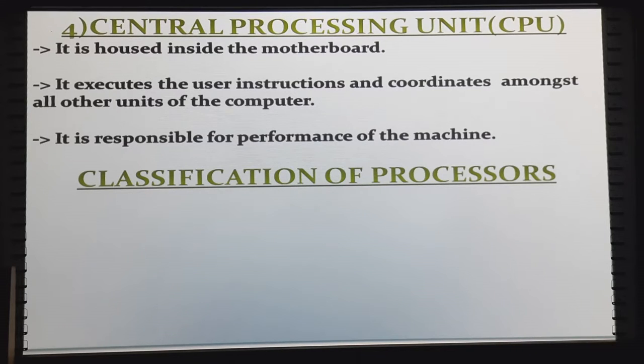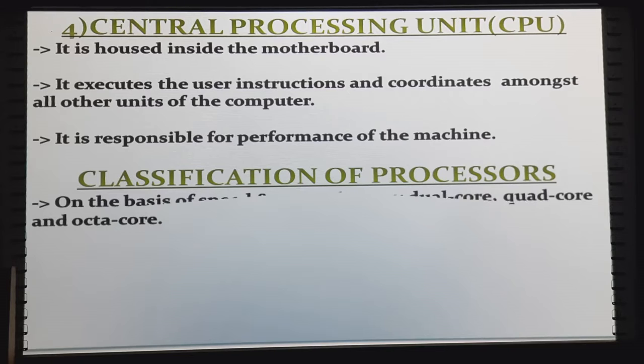So there are basically different types of processors available in the market. In this session we will be discussing some basic classification of processors. There are mainly two categories of classification that we are going to learn in today's session. The first is on the basis of speed and technology.